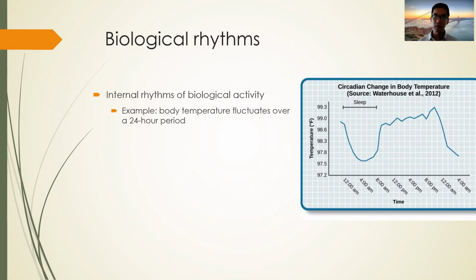So we can see the graph on the right. We can see that after 12 a.m., most people go to sleep. You can see on the graph on the right, that's a sleep period.